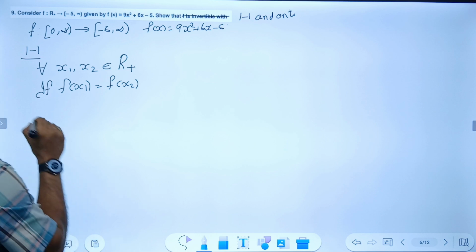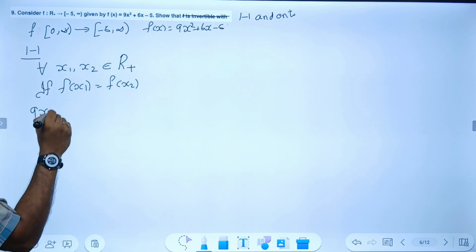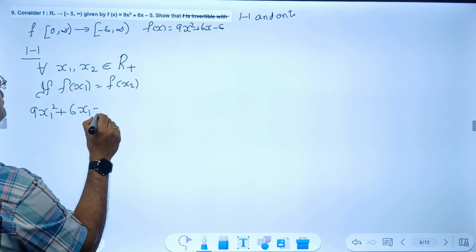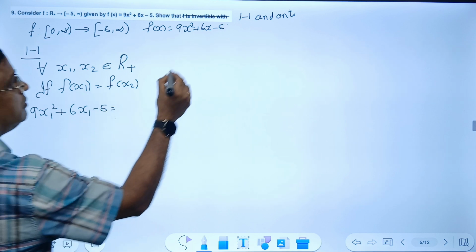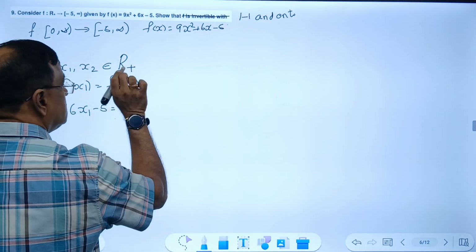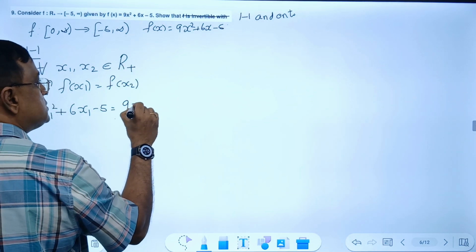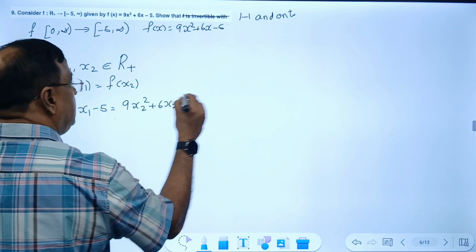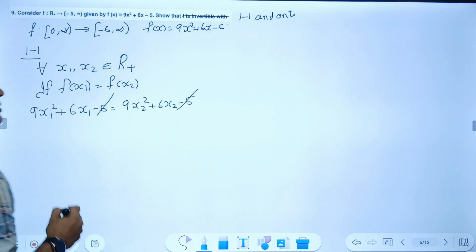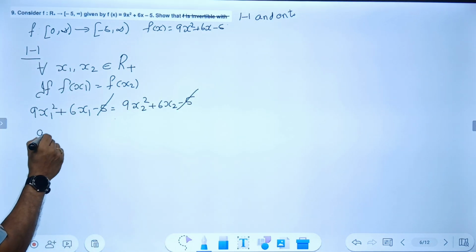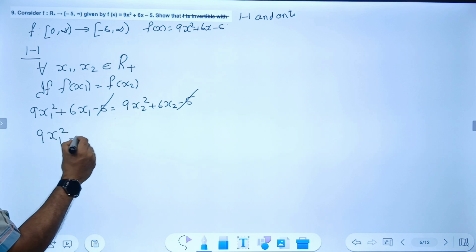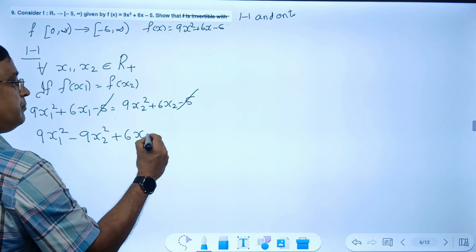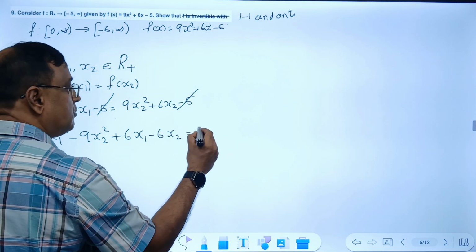What is f of x1? f of x1 is 9x1 square plus 6x1 minus 5 equal to 9x2 square plus 6x2 minus 5. 5 and 5 cancel. Bring all the terms to one side. So what do you get? 9x1 square minus 9x2 square plus 6x1 minus 6x2 equal to 0.